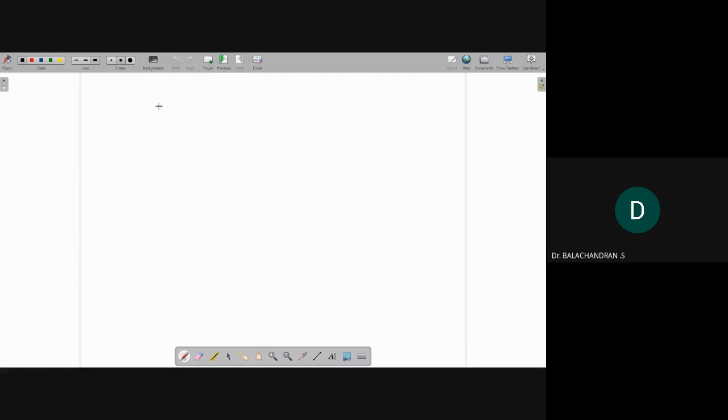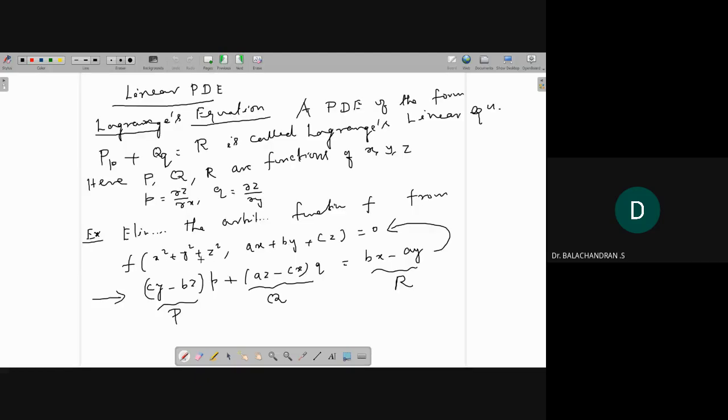So therefore, f of u comma v equal to 0. This is u, this is v.